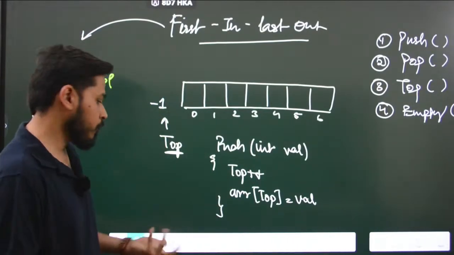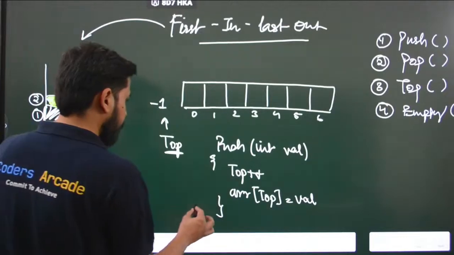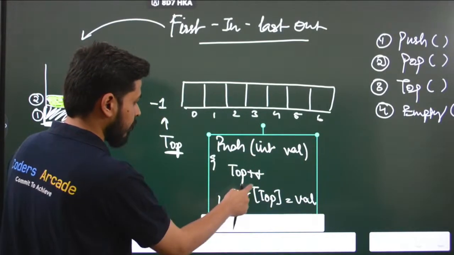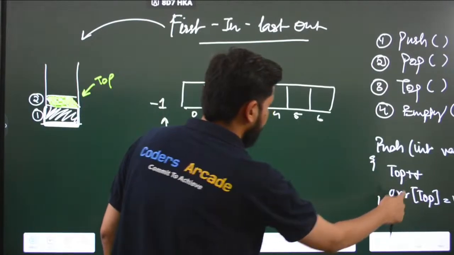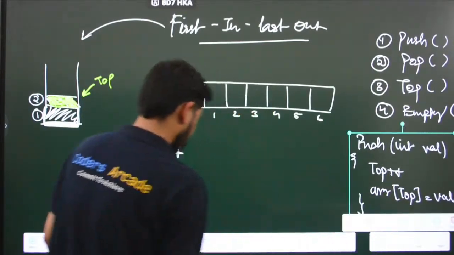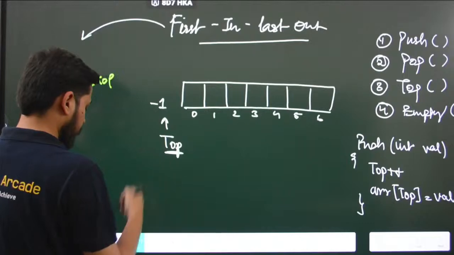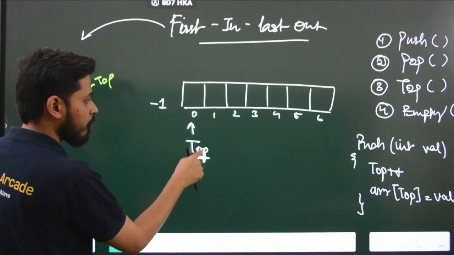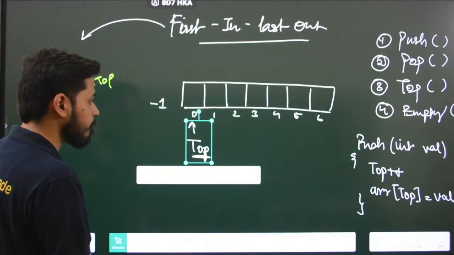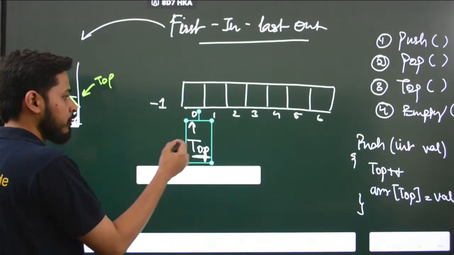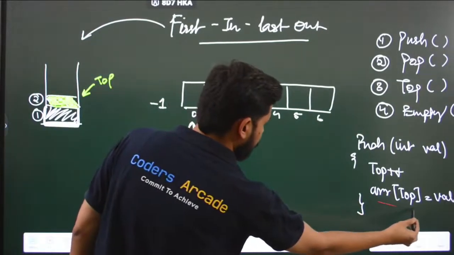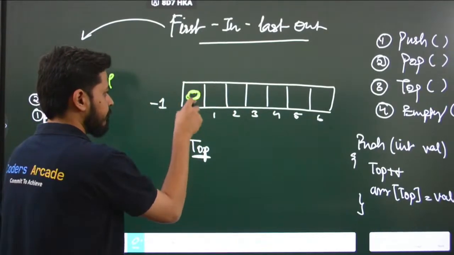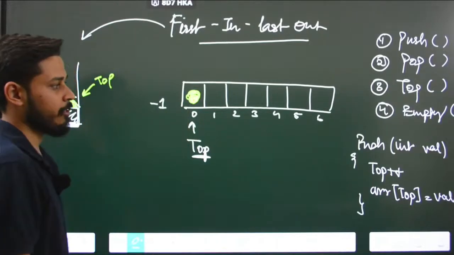This is the push function. The idea is very simple here. The idea is way too simple, and the idea is that I will move this top like this, plus plus, and using the array notation I can put the number right here, or whatever it is, the element.